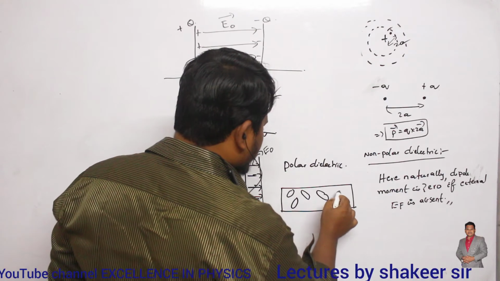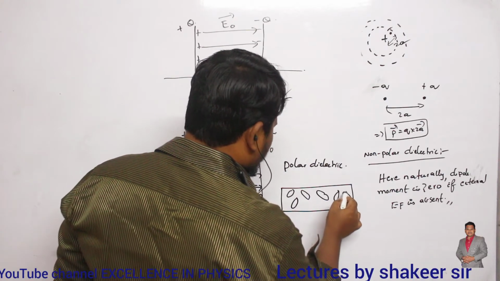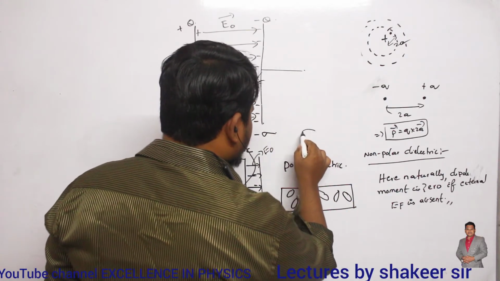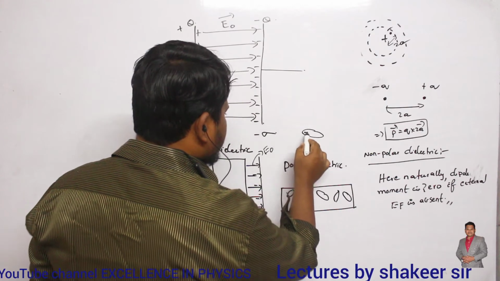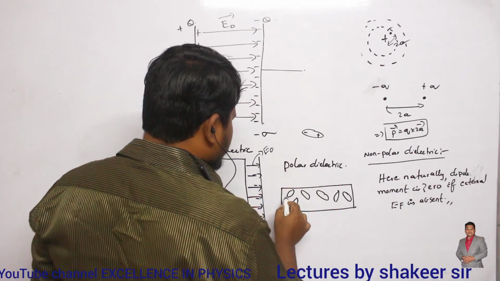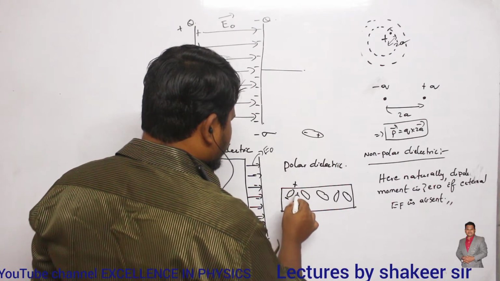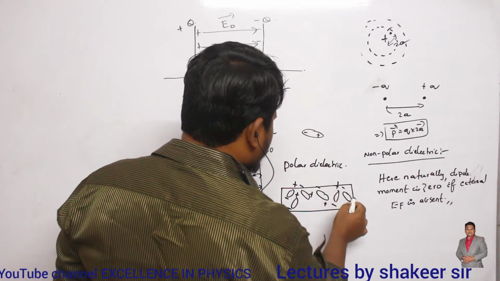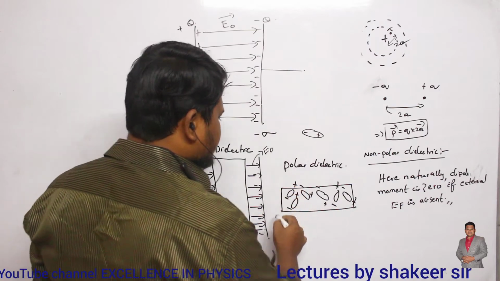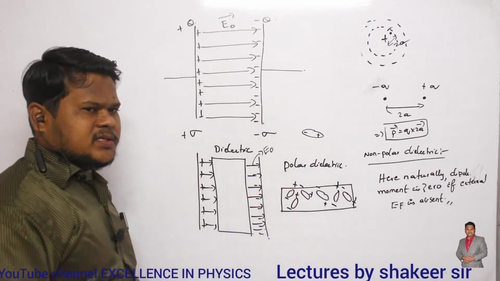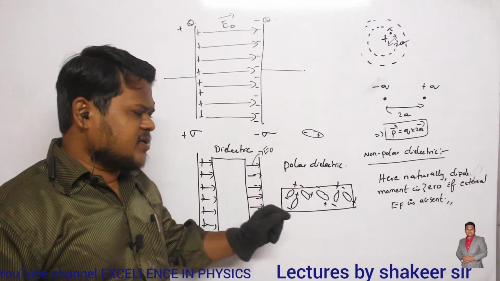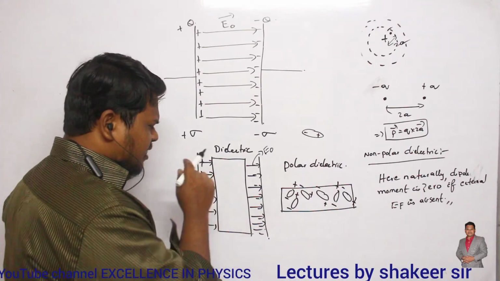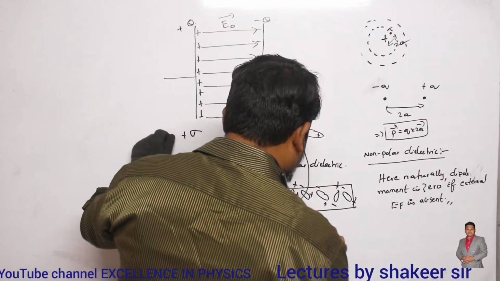Every single molecule has some net dipole moment. For example, this is negative, this is positive, and similarly negative, positive, negative, positive, and so on. So this is the arrangement of the molecules of a polar dielectric if no electric field is applied. But if an electric field is applied, then what will happen?